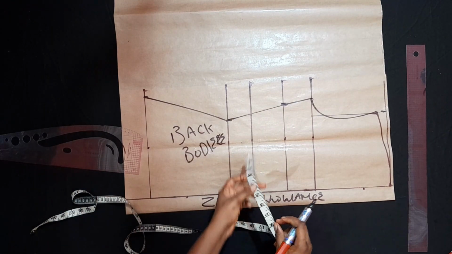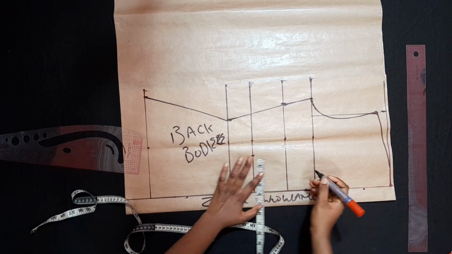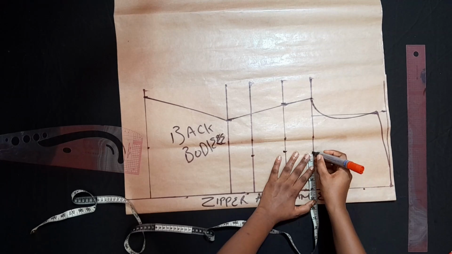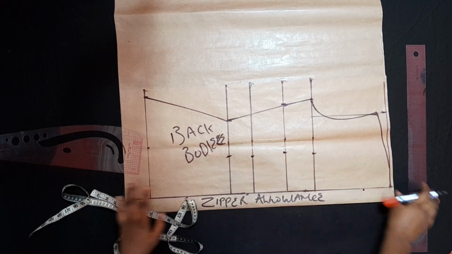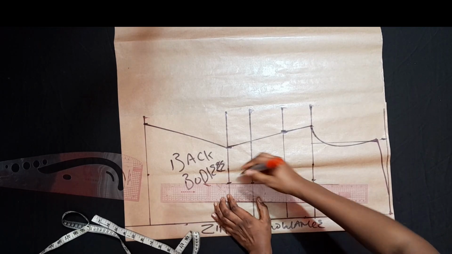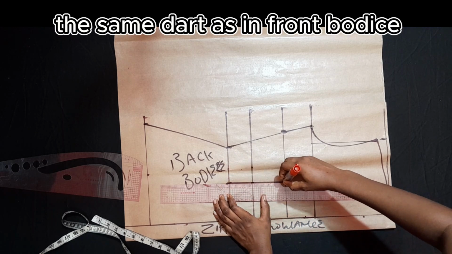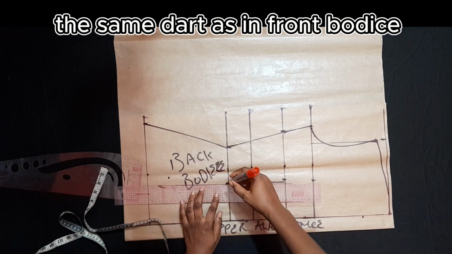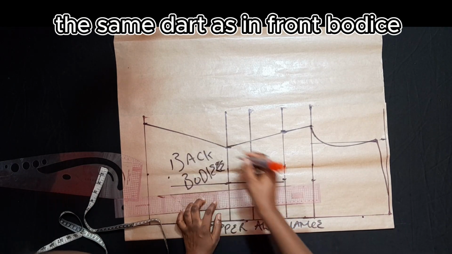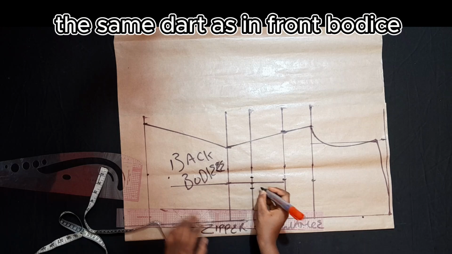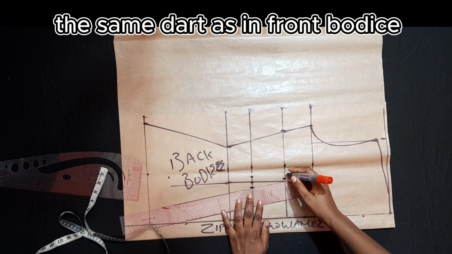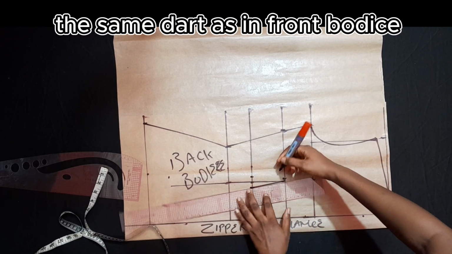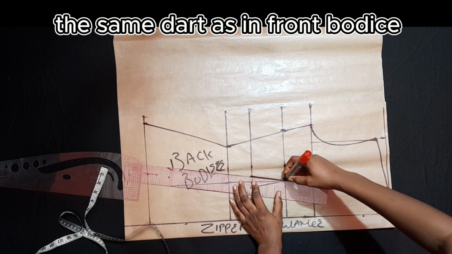Now we still have the same darts as in the front piece. Go out by 4 inches. This dart, like I said earlier, gives the cloth a fitting.